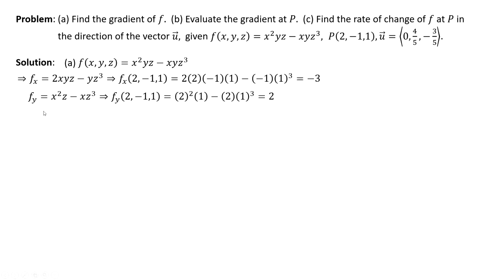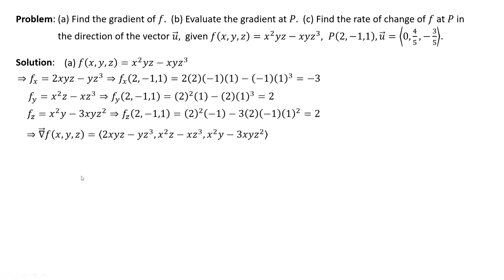Similarly, f sub y, partial f with respect to y, holding x and z constant, so the first term should be x squared z, and the second term should be minus xz cubed. Evaluate that. Similarly, partial f with respect to z.